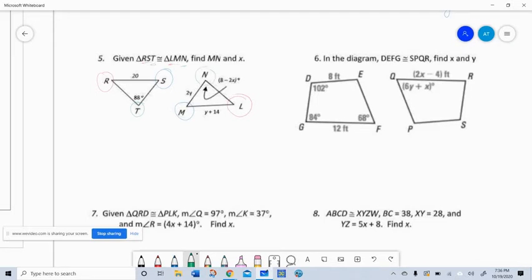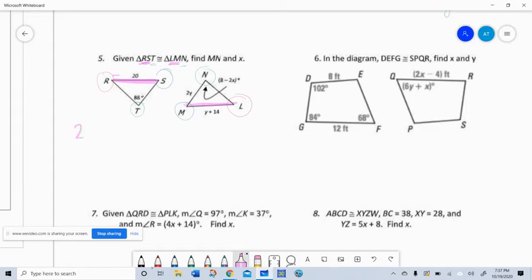So now we need to find some congruent sides and congruent angles. So I'm going to start with the sides. Let's see. I know that RS here is 20. So what would RS be congruent to? Well, R and S are the first two letters. So it'd have to be congruent to LM.